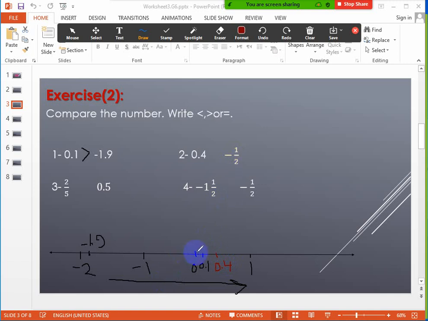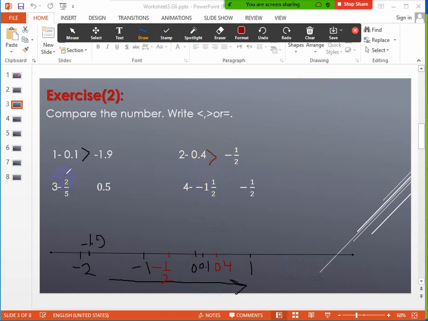Where do I have to locate this number? Very good. In the middle, between 0 and negative 1, on the left side of 0, this is negative 1 over 2. Which one is the greater? Very good. 0.4. Thank you so much, Lina. Of course, the positive rational number is greater than the negative rational number.